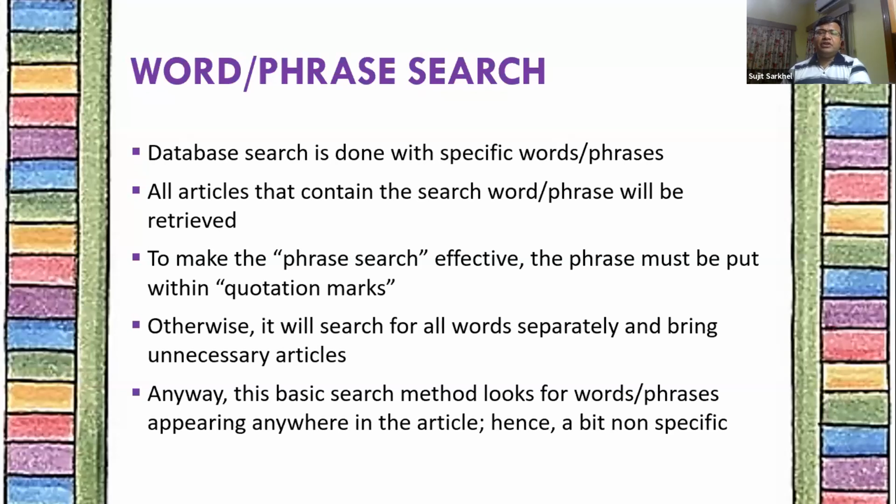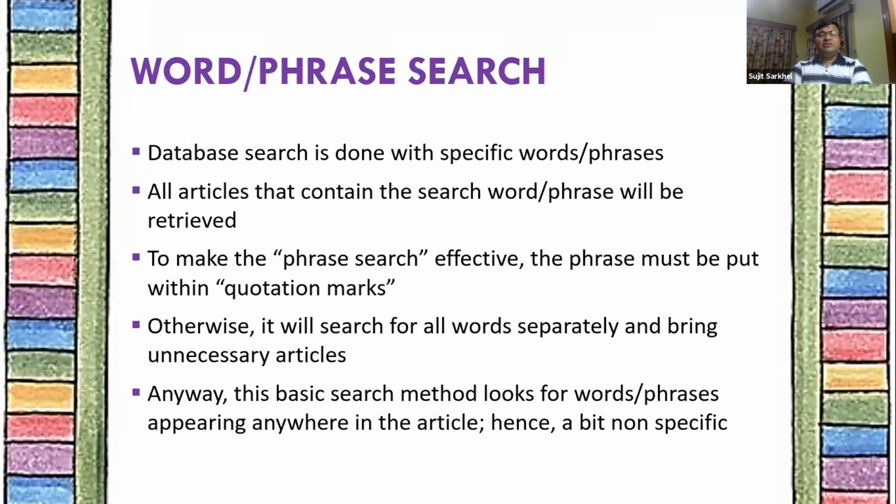If you put major depressive disorder within quotation marks like this, then the search engine will only search for those places where all the 3 words are occurring together. So to make phrase search more effective, you will have to put them within quotation marks. That will increase some amount of specificity.